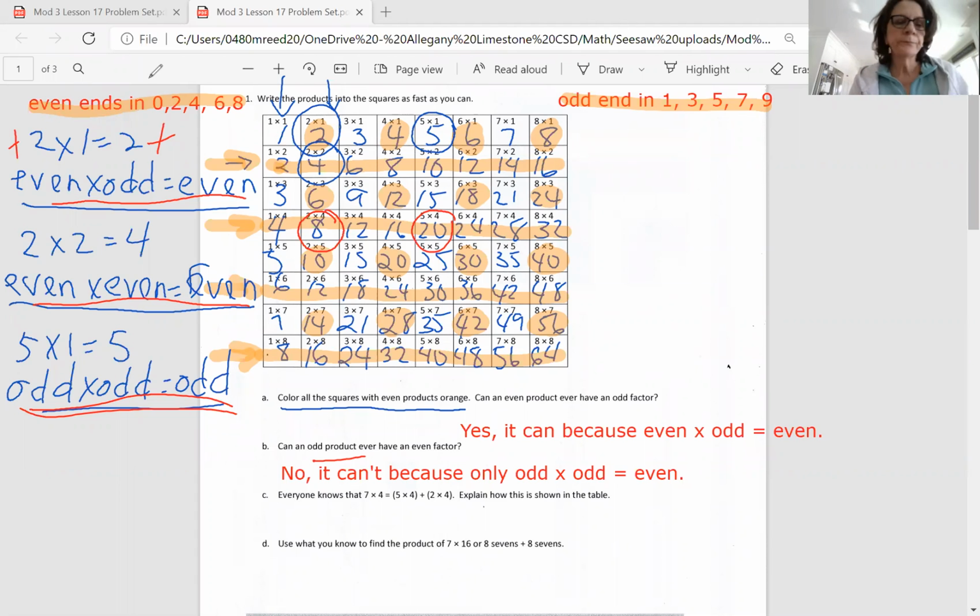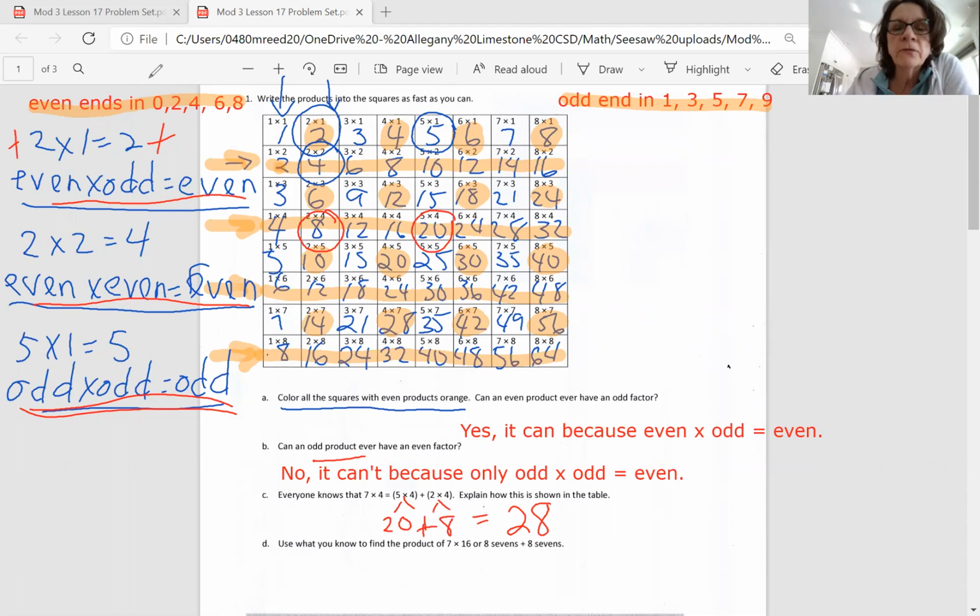All right. So explain how this is shown in the table. Well, if we look at 5 times 4, our answer is 20. So under here, I'm going to put 20. And then 2 times 4 we found in the table was 8. And 20 plus 8 equals 28.